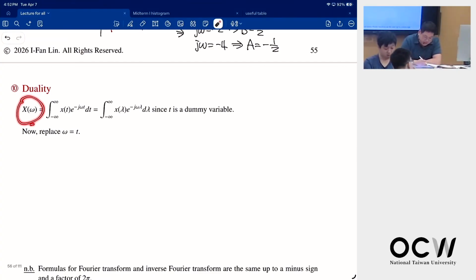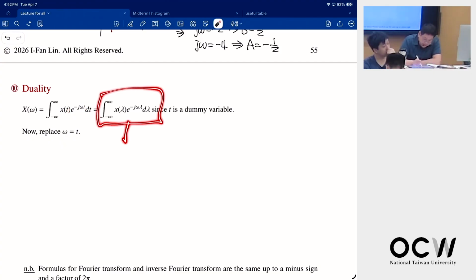Okay, so now this is in Fourier domain. Now I just change the dummy variable to lambda. This is a dummy variable, so I can use any kind of symbol. Now in this case, I will replace omega by t.